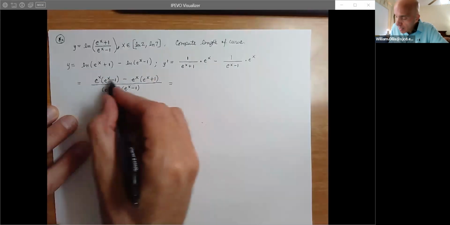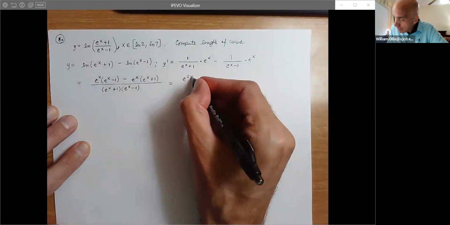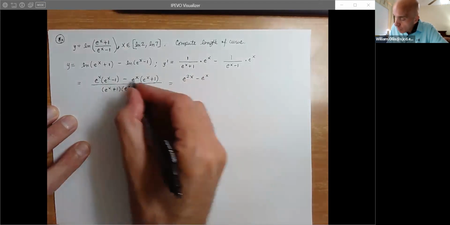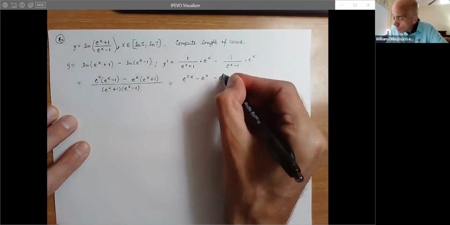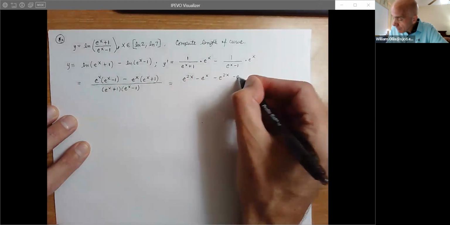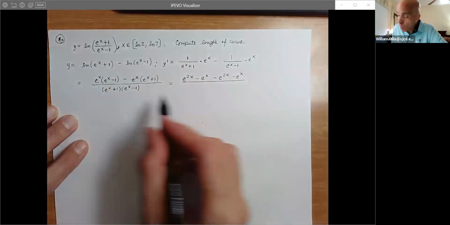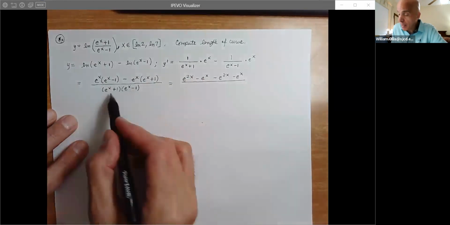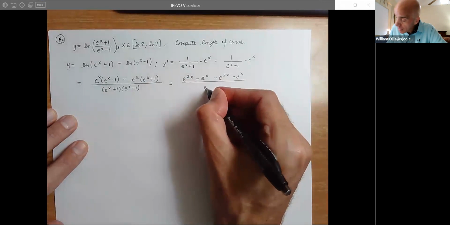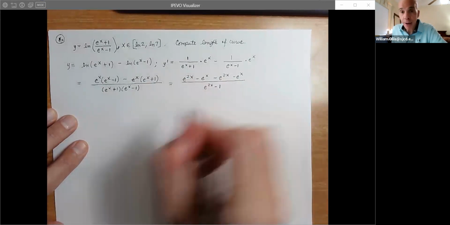So now we go ahead and expand e to the 2x minus e to the x. Now we have minus e to the 2x minus e to the x. And then if you will, and this is fine here, notice this is just a difference of 2 squares, so we can write this as e to the 2x minus 1 for now.